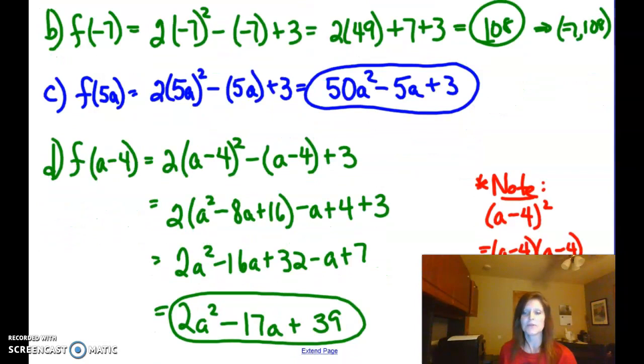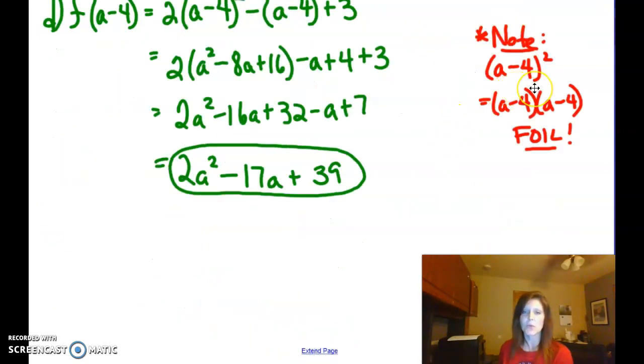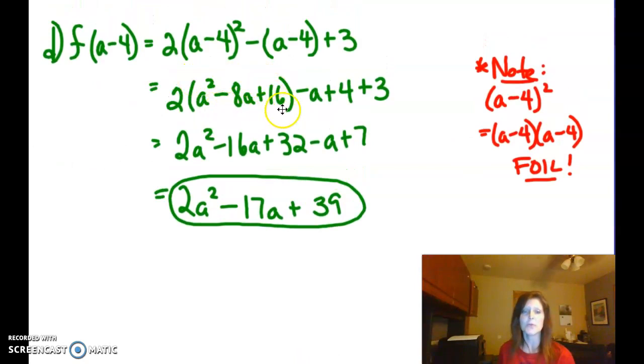I have a little note here on the side that reminds you that when you have some quantity squared, it means you're multiplying it by itself and you're going to have to FOIL. So that's how we got this trinomial right here. Then the last thing you would do there is distribute the 2. Okay, on the middle term, you got to be careful that there's a minus, so you distribute very carefully, and then we combine all of our like terms and we get a trinomial answer here.